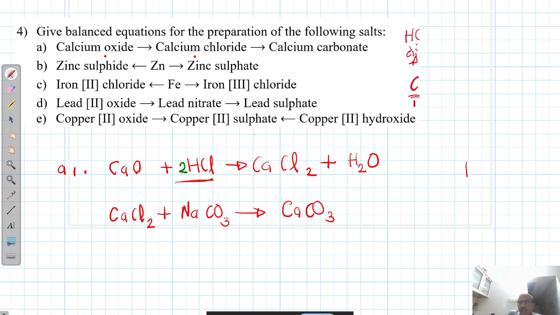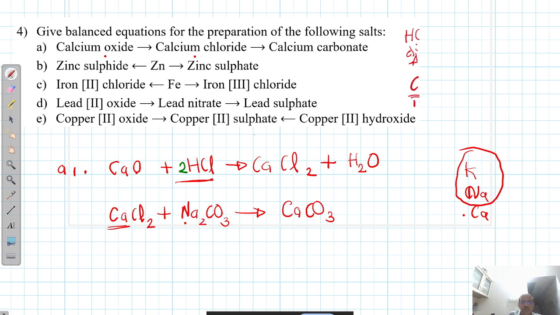See, in the activity series, potassium and sodium come first, and after that calcium is there. So if you want to kick out the calcium from here, you can use only sodium or potassium. Now I am going to use sodium carbonate, or I could have used potassium carbonate also.